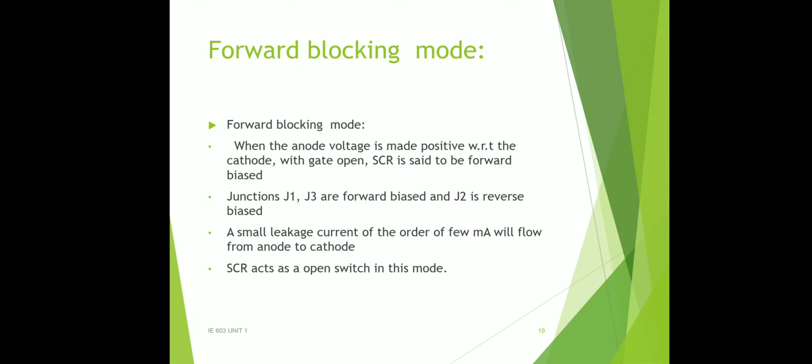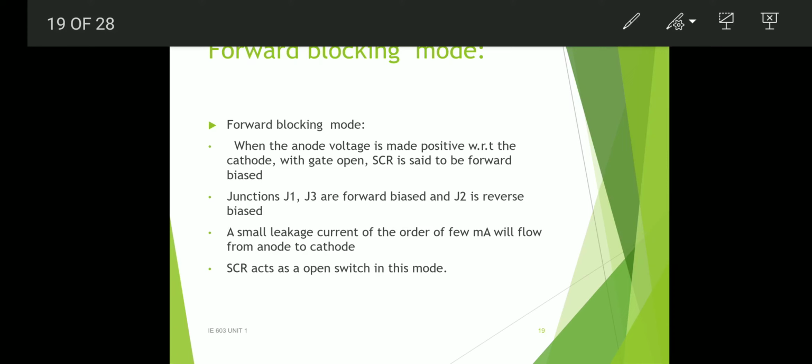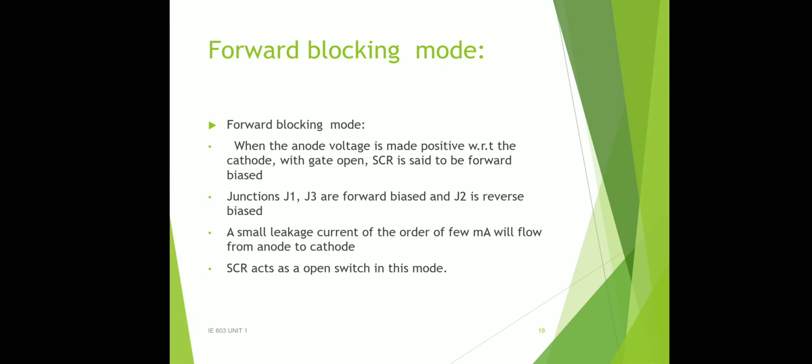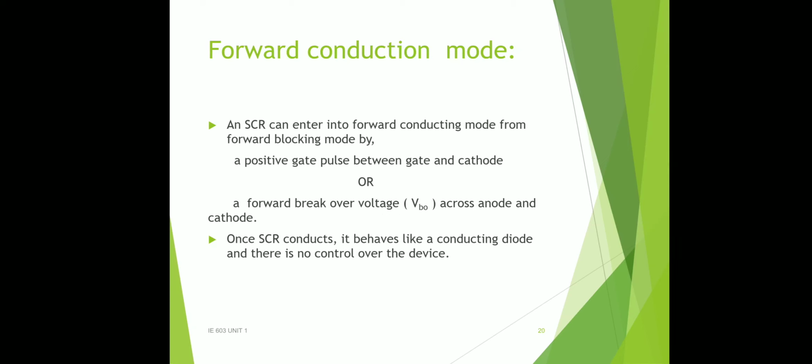A small leakage current flows, in the order of milliamps, from anode to cathode, and the SCR acts as an open switch. That means it is not in the conducting mode.